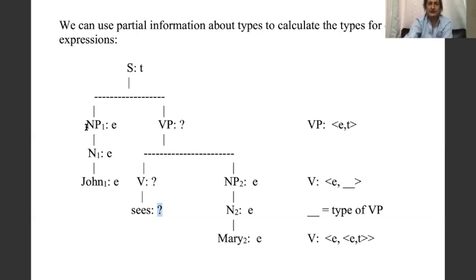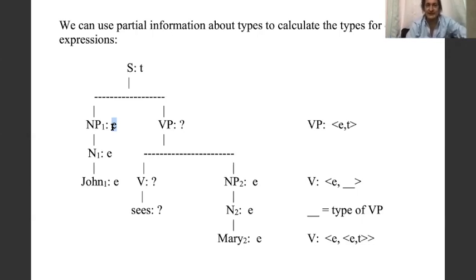In order to combine these by function application, one needs to be a function and the other its argument. E is the type of an individual, not of a function. Functions have angled brackets with two pieces. E doesn't have angle brackets and it doesn't have two pieces.